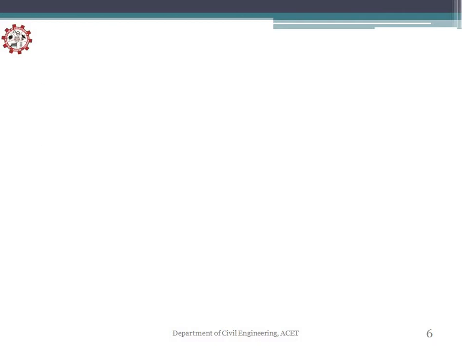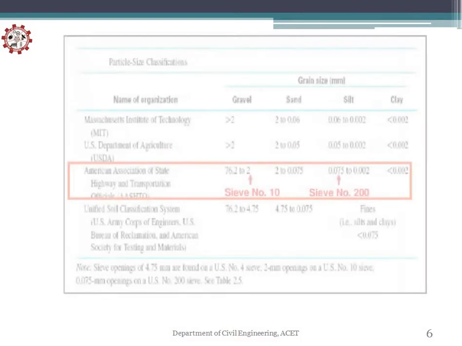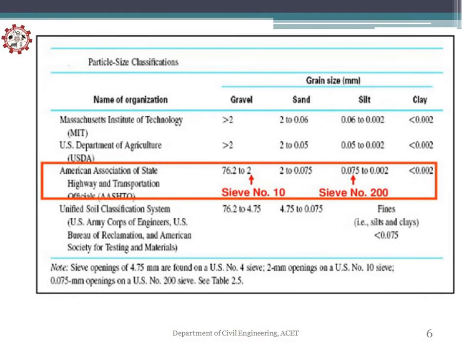Next is the table given for the AASHTO groups. In the table you can see that the grain sizes are given in mm. If it is gravel, then it is 76 to 2 mm, and then sand, silt and clay, where clay is less than 0.002 mm.